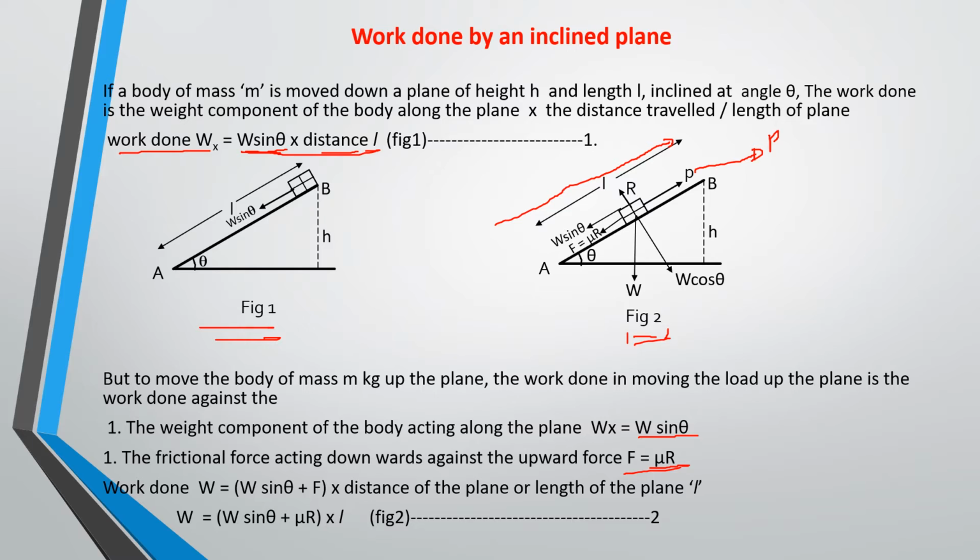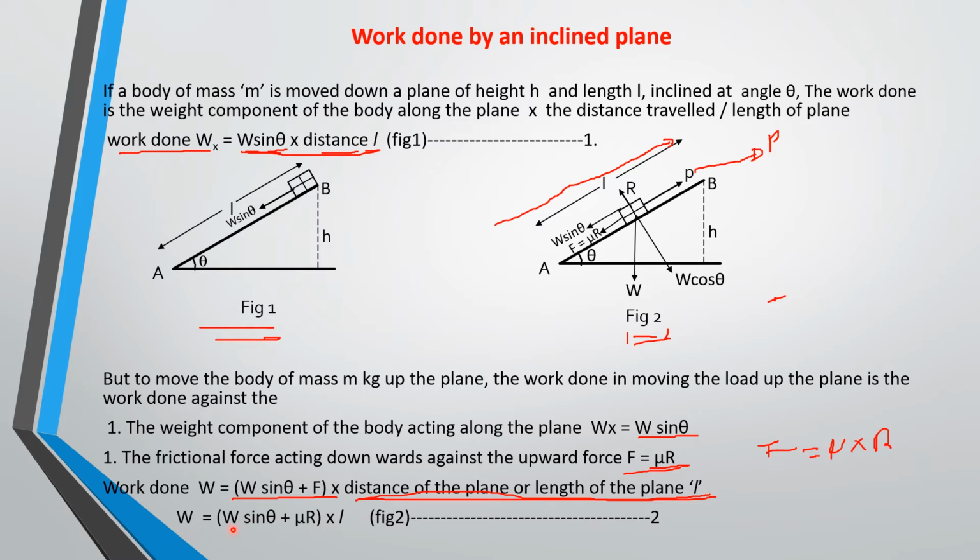So for this particular case, the work done will be equal to W sin theta plus F times the distance along the plane, not the length of the plane, L. Remember that F in this place is equal to mu times R, and that is what I have replaced here.